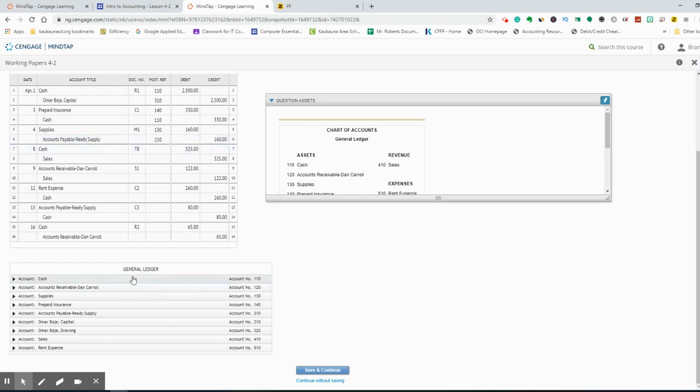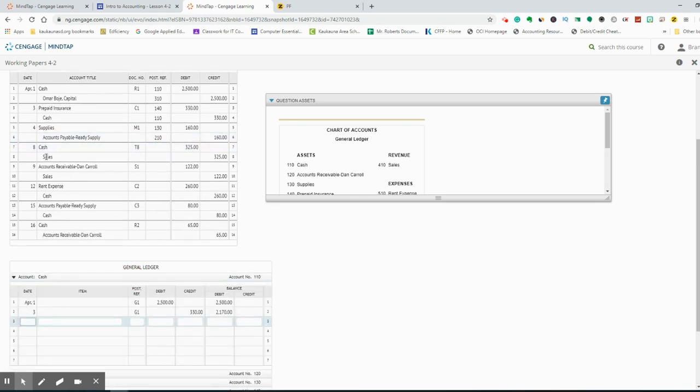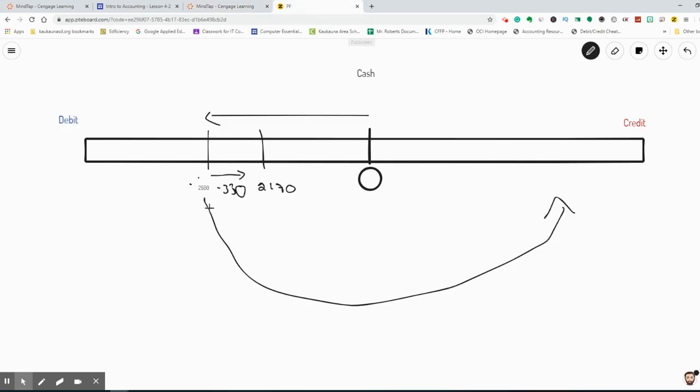Next we have cash. So the date on this one is the 8th. And it looks like it's G1 again. And it's $325 debit. So what is our balance going to be? Well, now we are taking 2170 of our balance and we are going to add the 325.